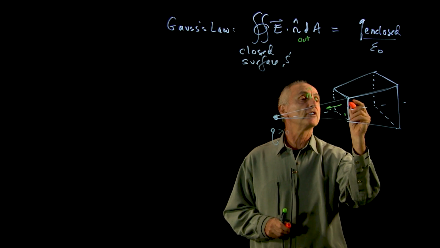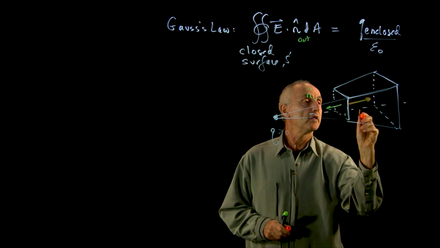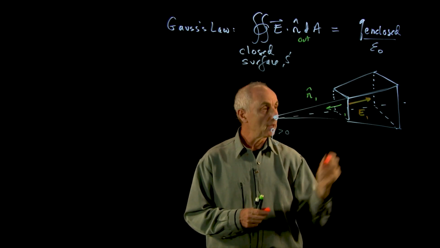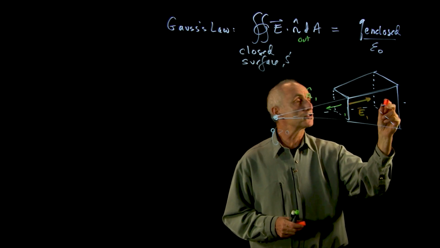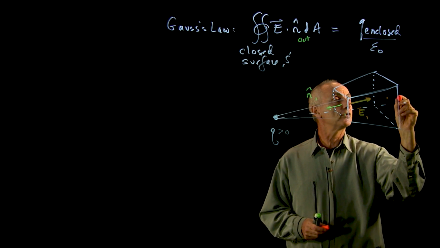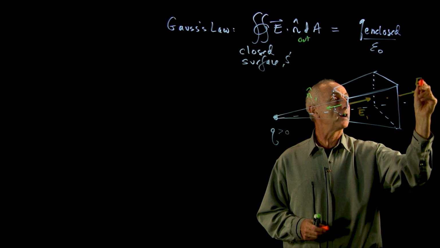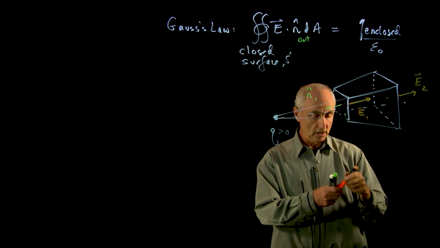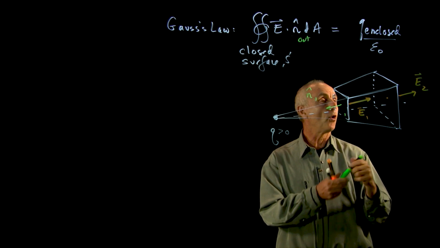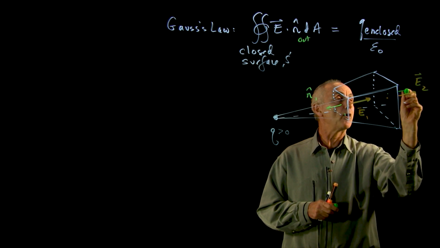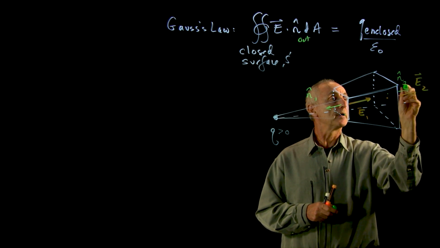And we have an electric field that goes outward, that goes like E1. And on surface 2, our electric field is not as big because of the inverse square. So that's E2. But the unit normal also now points outward, n hat 2.